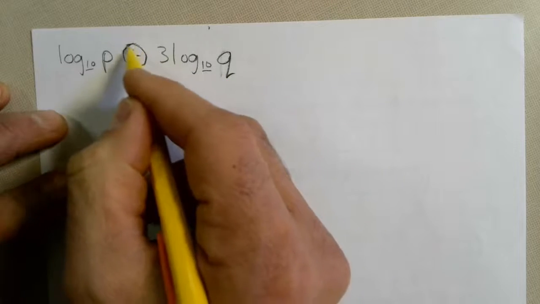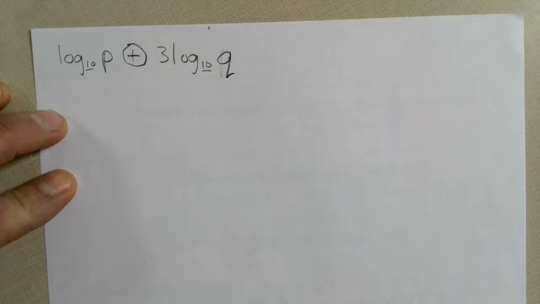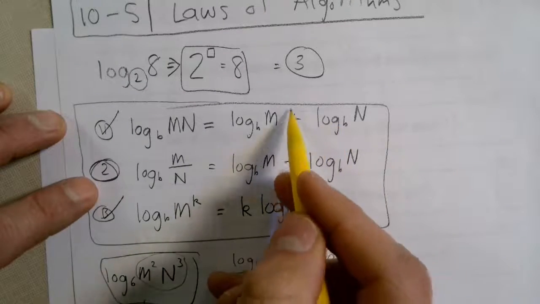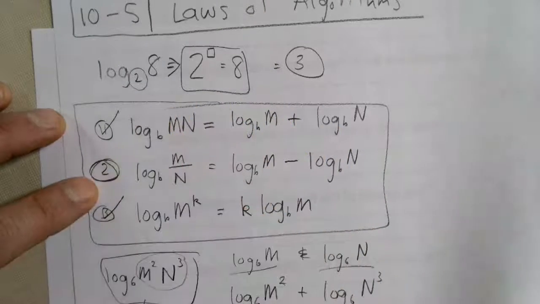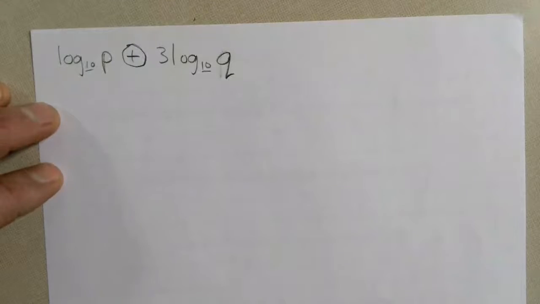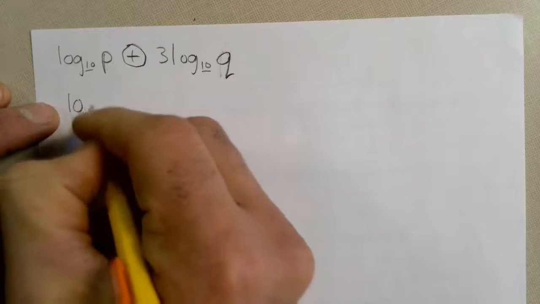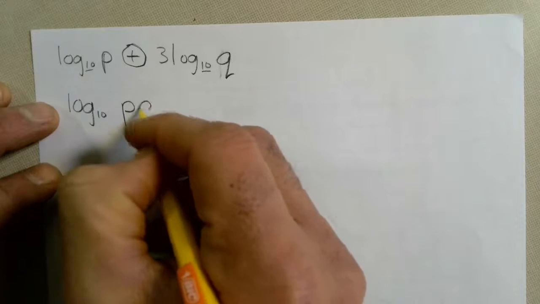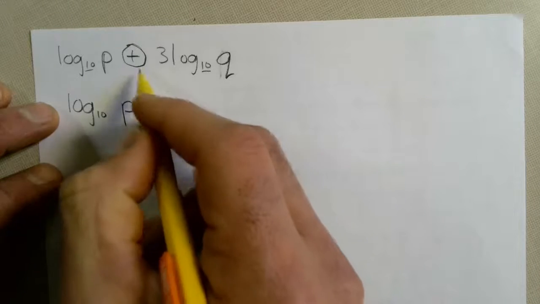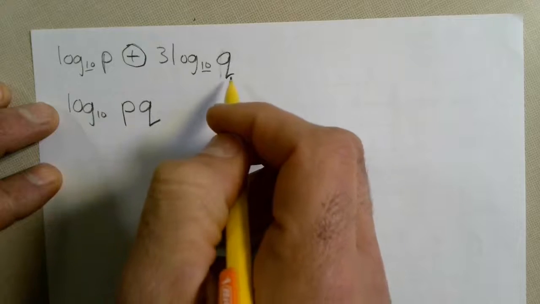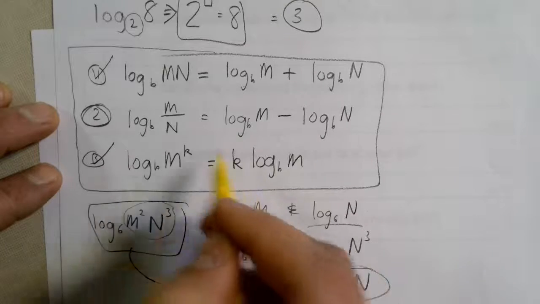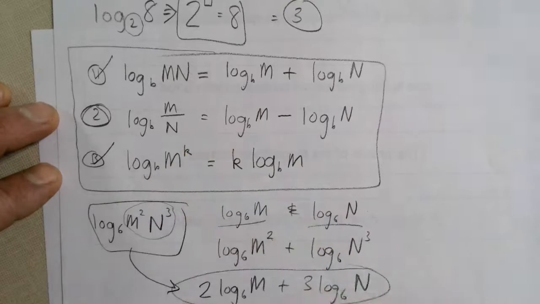Notice that we're adding. The original law says that if you have them added, let's work it backwards, and this time make it multiplication. So it's going to be the log base 10 of p times q, because we added. And then the q, if you remember the third law, notice we have 3 times that log, so it becomes an exponent.